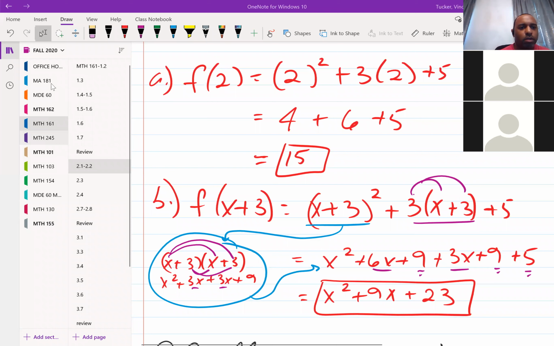Let's see, we did exponents last class, I believe. Anybody have any general questions before we get started today? Very good.